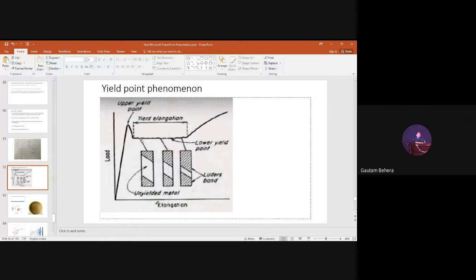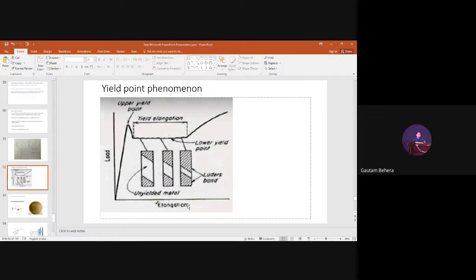Now if you look at the tensile test specimen, we can see these kinds of bands. These bands are called Ludar bands. You can see this part is annealed metal. When we apply load on a tensile specimen which shows the upper yield point and lower yield point, initially there will not be homogeneous deformation.